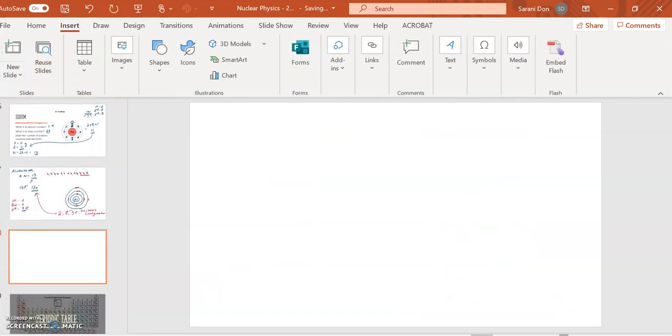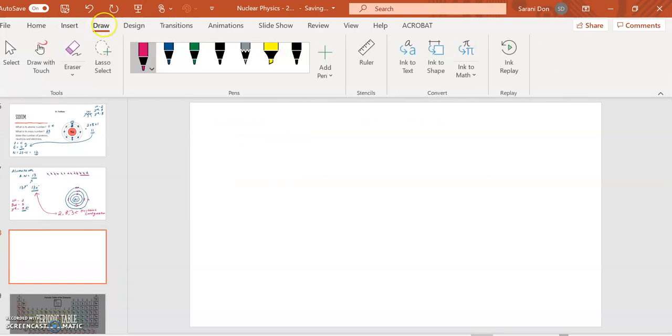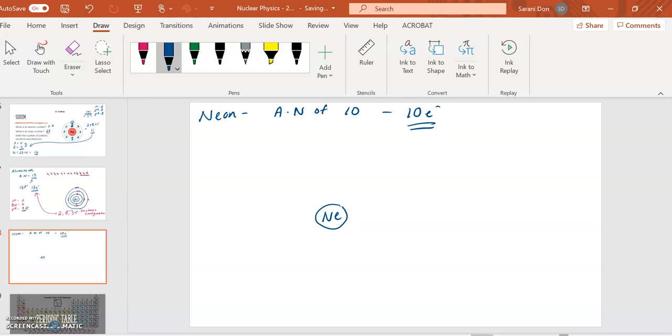I'll do another example. Like I said, feel free to pause the video and try and do it yourself. Let's have a look at neon. So neon has the atomic number of 10, which means it has 10 electrons. So that's the nucleus. The first shell can fit 2. Obviously, we're not done. If we filled up 2, we've got 8 more to go.